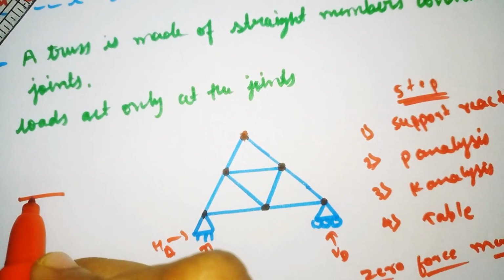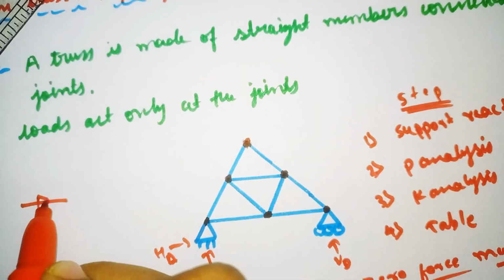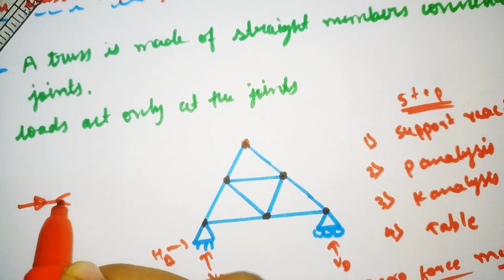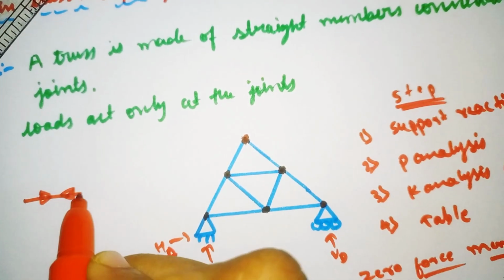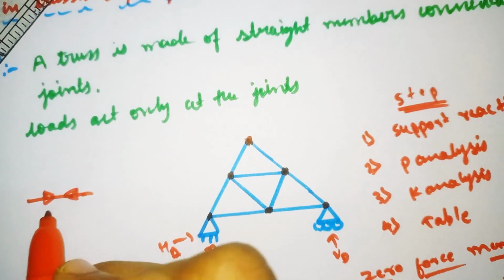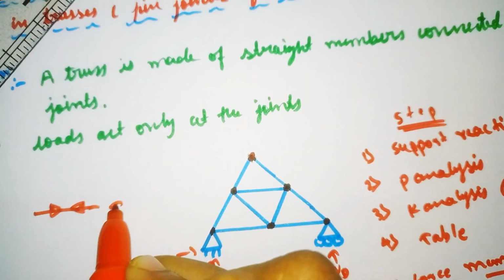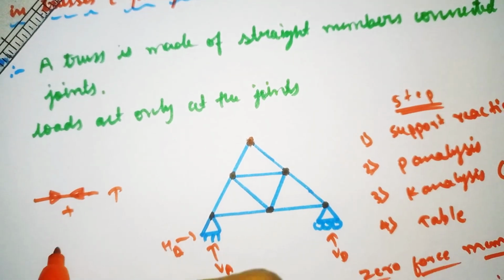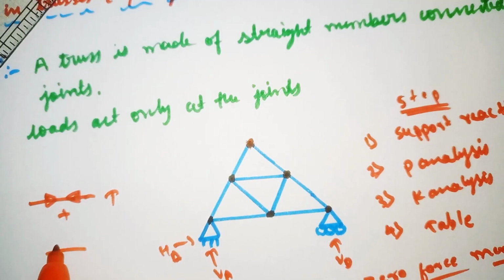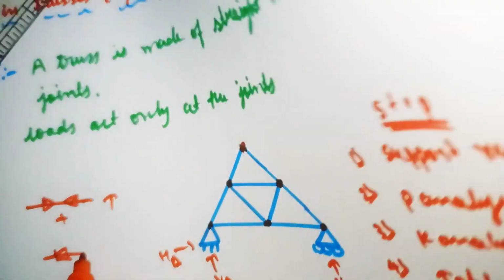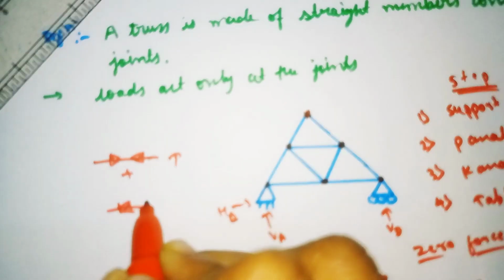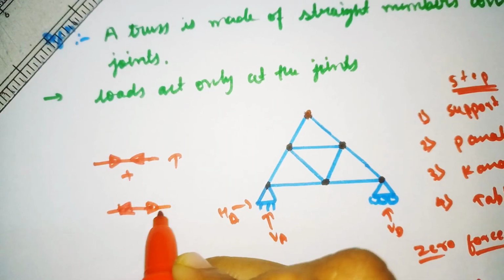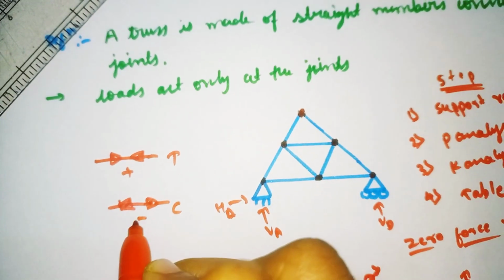So when the forces are moving towards each other, then it is called the member is in tension. Tension means it is positive. If the forces are moving away from each other, it means it is in compression, so it is negative.